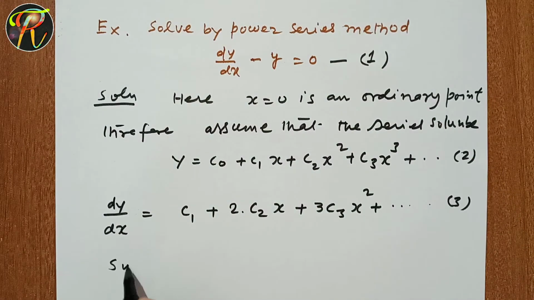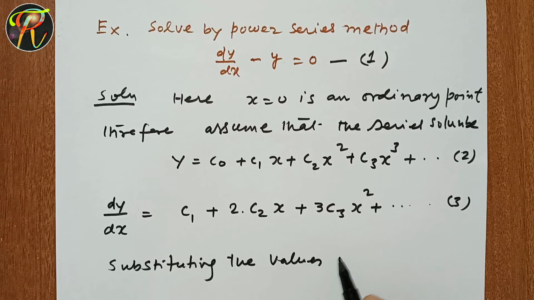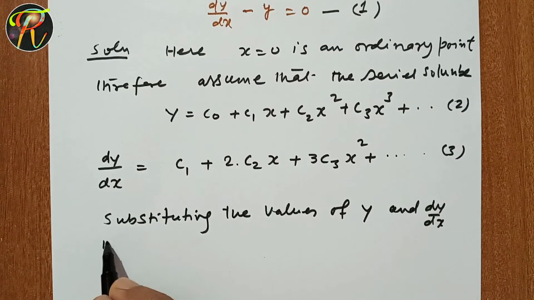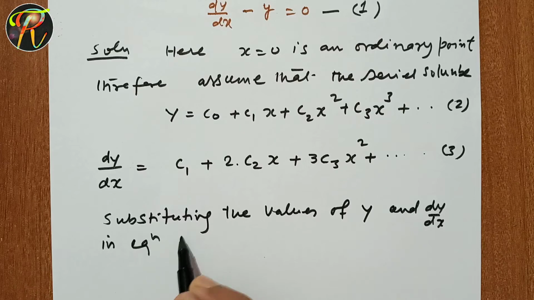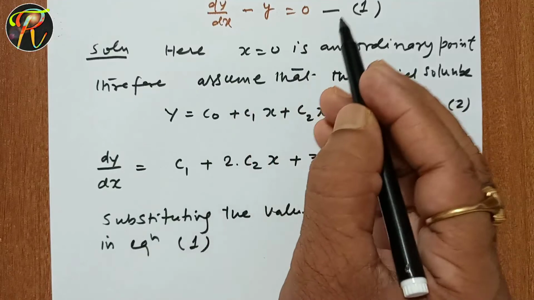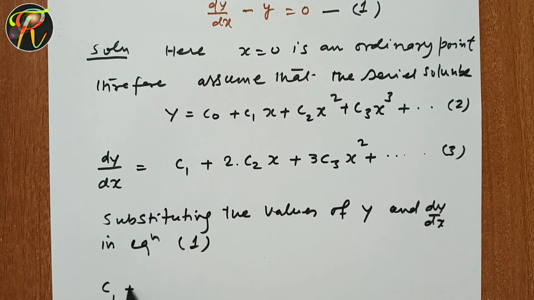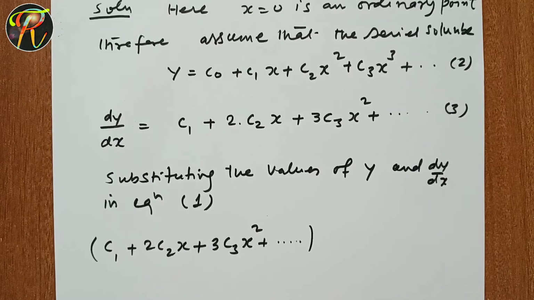Substituting the values of y and dy by dx in given equation 1, we get dy by dx minus y equal to 0, means c1 plus 2c2x plus 3c3x square plus up to so on, this is dy by dx.